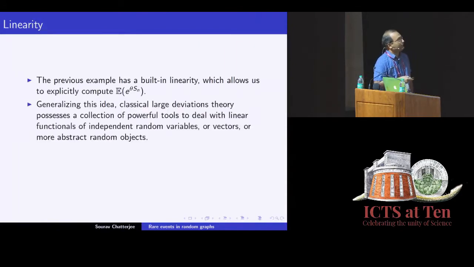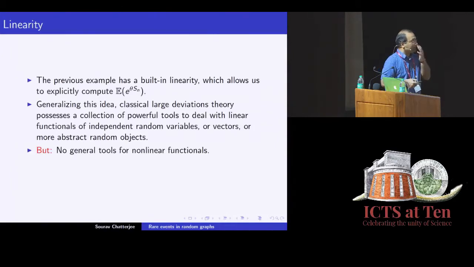Now, generalizing this simple idea, you have this whole area of classical large deviations theory, which gives a set of very powerful tools to deal with linear functionals of independent random variables or random vectors or random functions or more complicated objects. So whole area.